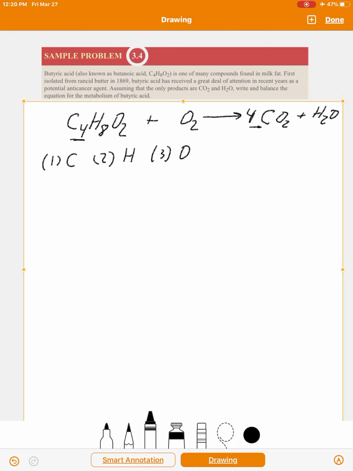Let's go on to the second element. The second element is hydrogen. How many hydrogens are there on the left? Remember, if nothing's written here, it's just a 1. So that means there's 1 of the butyric acids. So there's 4 carbons, because 4 times 1 is 4. There's 8 hydrogens, because 8 times 1 is 8. And there's 2 oxygens, because 2 times 1 is 2. So there's 2 oxygens in butyric acid, and there's 8 hydrogens.